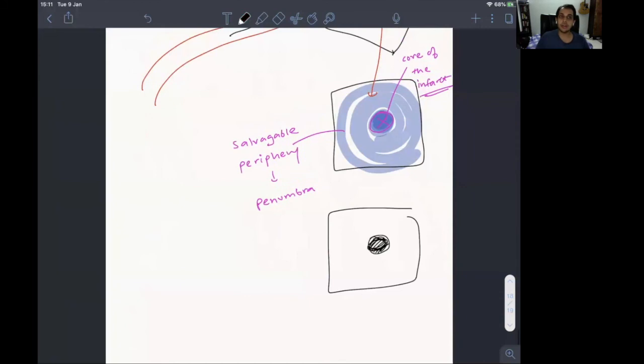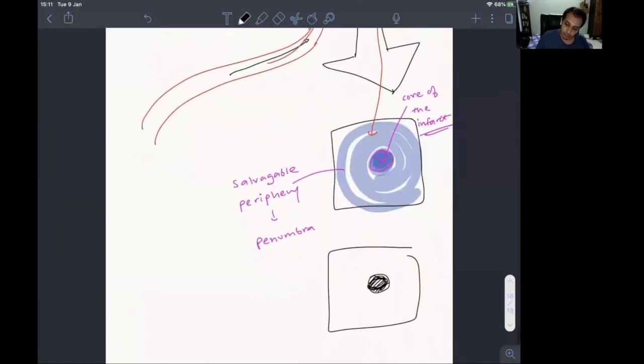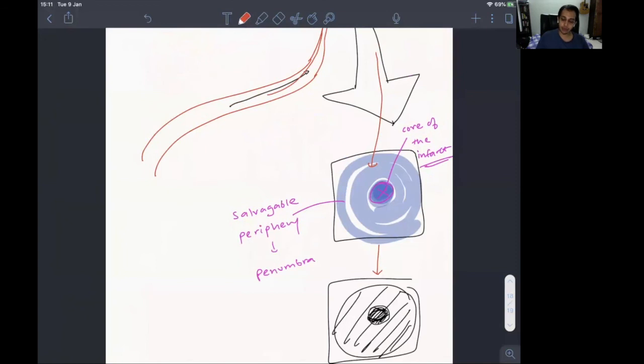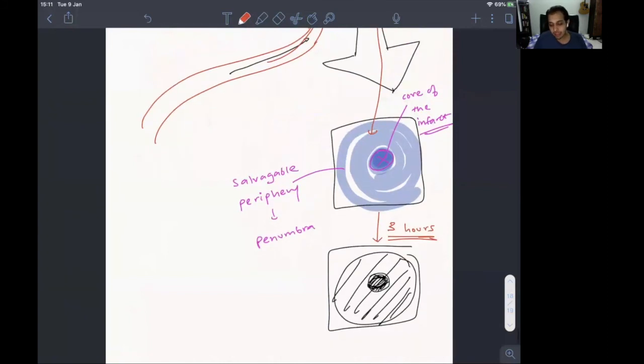Whereas if you don't re-establish blood supply quickly, you will end up with a lesion that is much bigger. Okay. And you have very little time from here to here. Okay. So if you are giving an injection in order to re-establish the blood supply, you have around 3 hours, which is known as the golden window, in order to save this peripheral region.